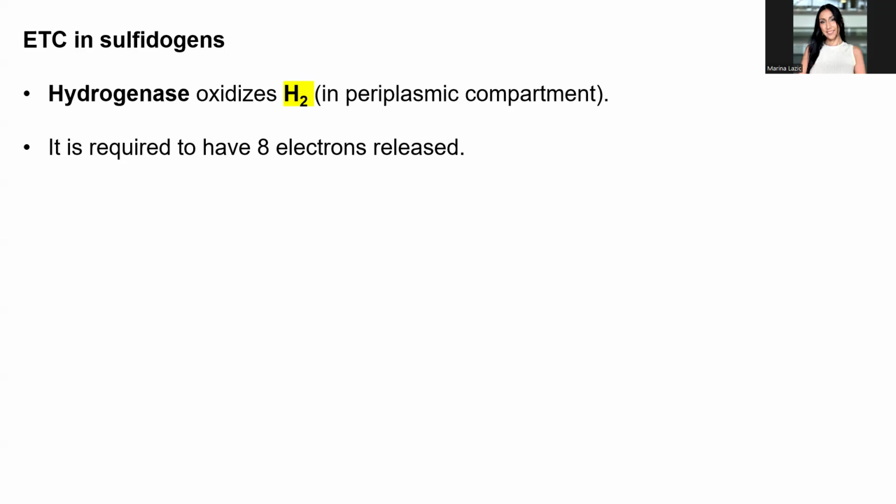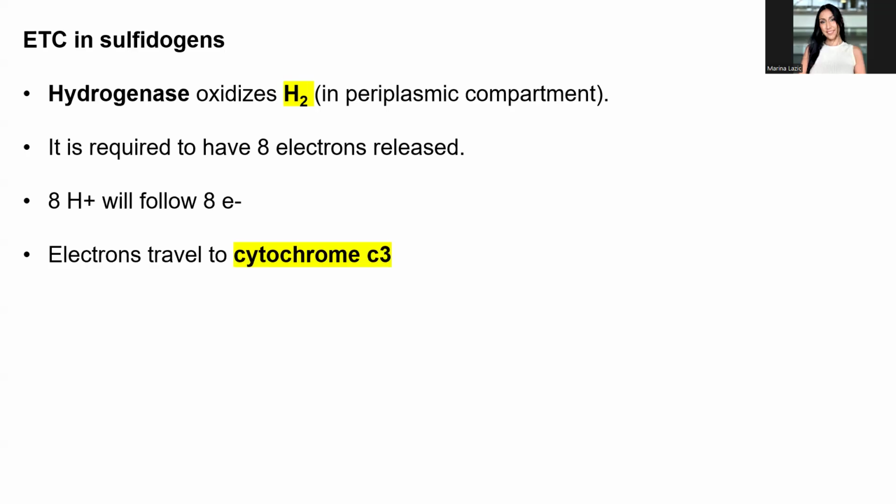Big shock. But anyway, hydrogenase is the first one in the electron transport chain. It's the same type of bifurcation enzyme that we talked about when we talked about methanogens and acetogens. All that reaction of hydrogenase oxidizing hydrogen has 8 electrons released, so it's quite intensive. They travel to cytochrome.